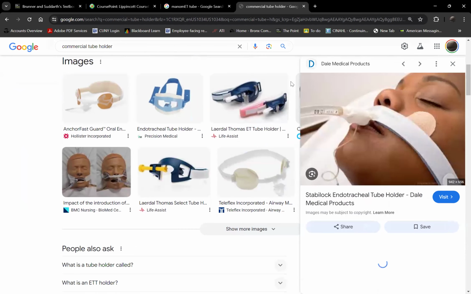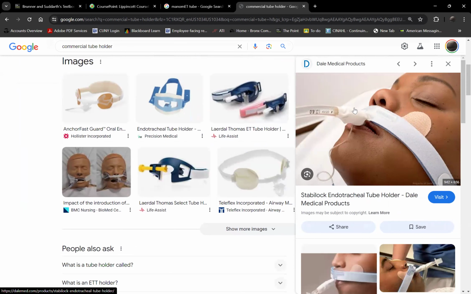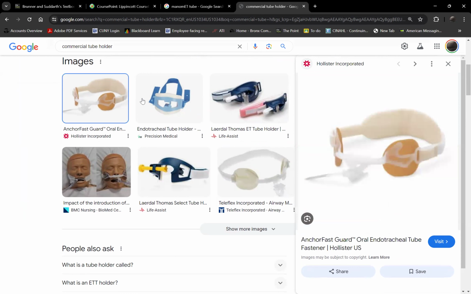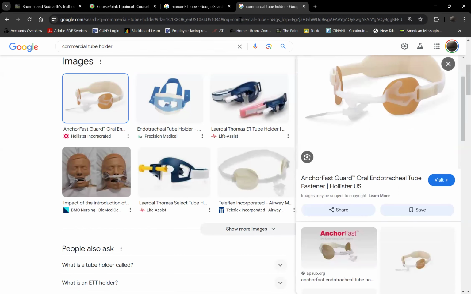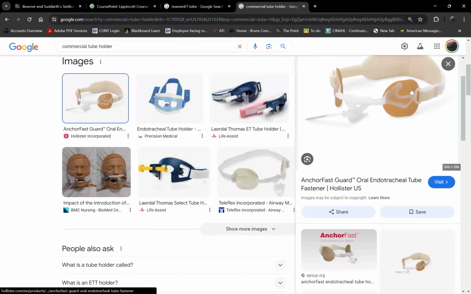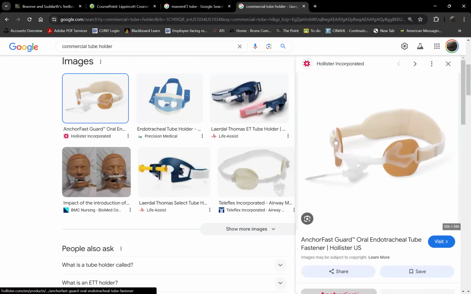Something like that, although the more commonly used one is this type. This is better. It provides really secure hold as long as the patient's sedated, so they can't pull on this thing. They're very good. Plus you can douse them with whatever liquid, it will never come off. They stay put.